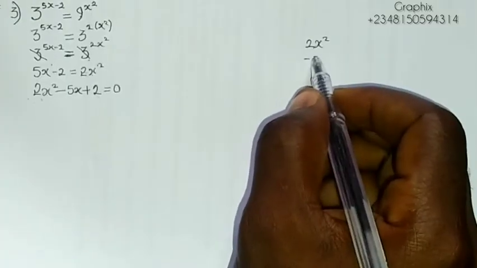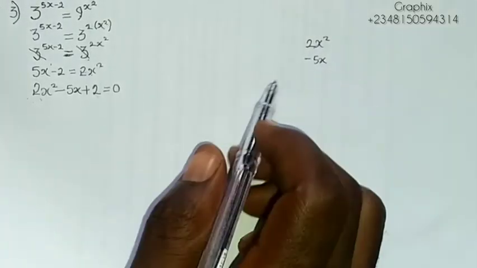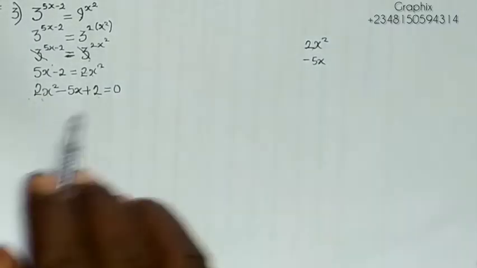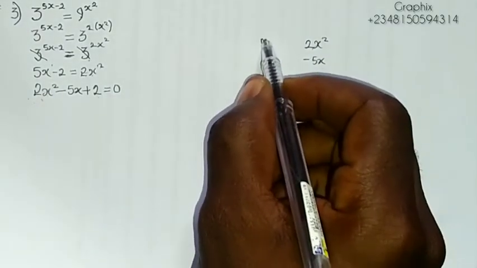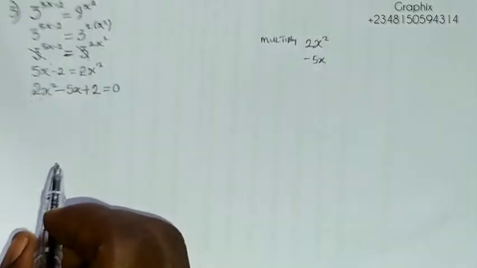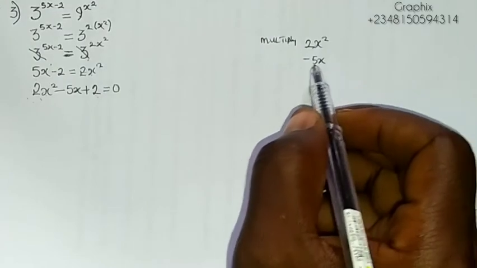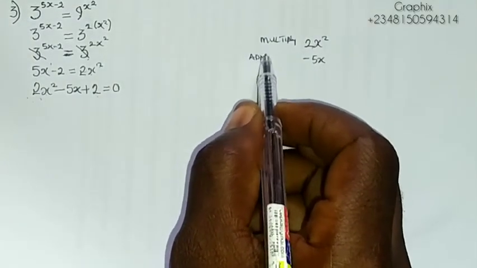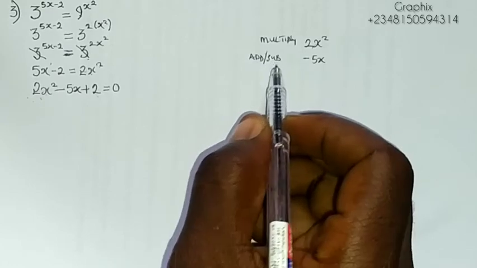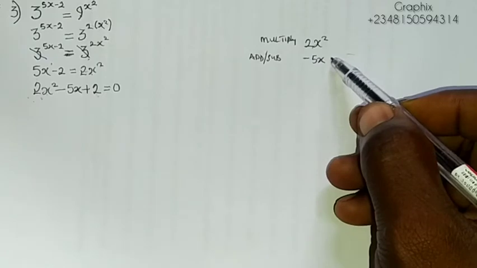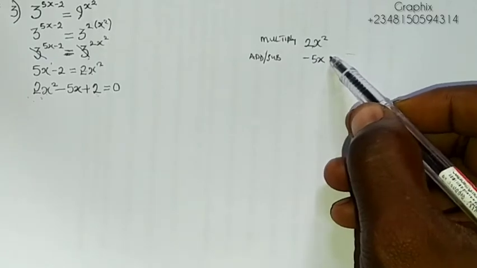Now this 2x squared is gotten as a result of multiplication, and whatever you write for the other one should be as a result of addition or subtraction. So you ask yourself, which two values would I add together?